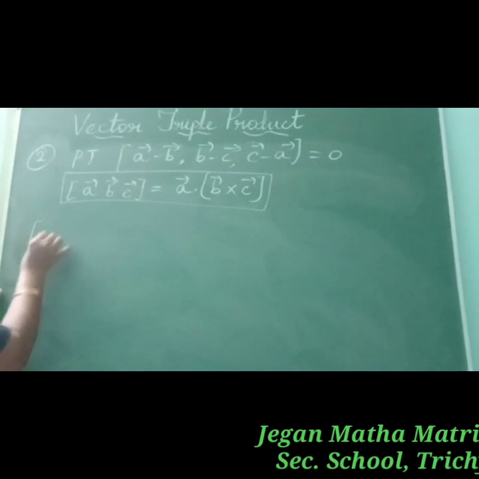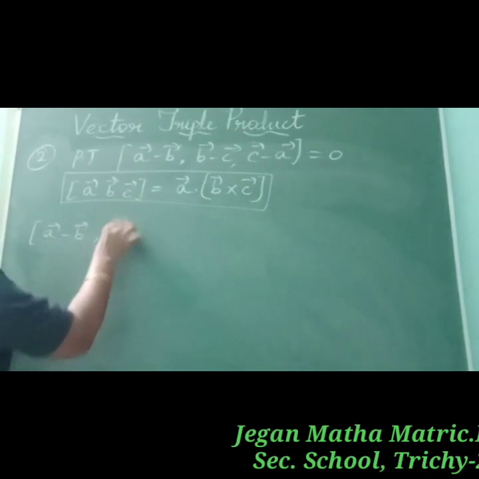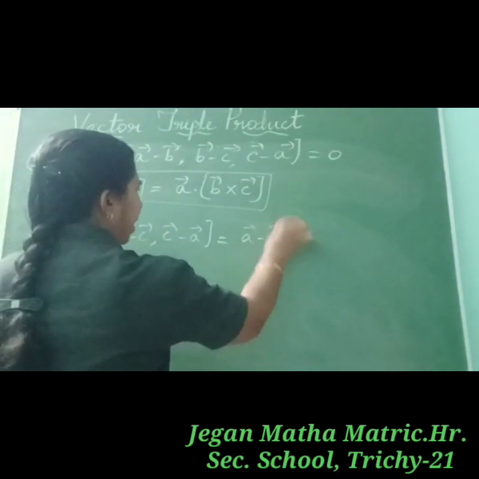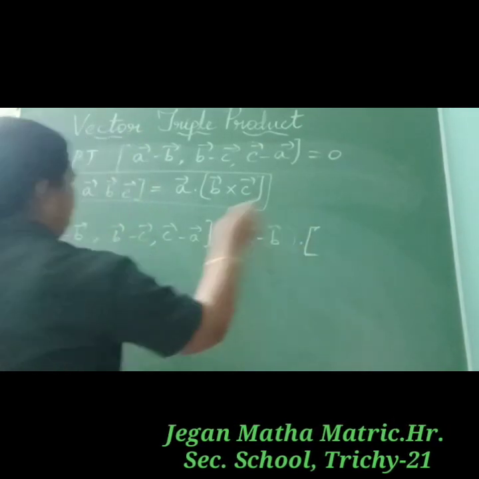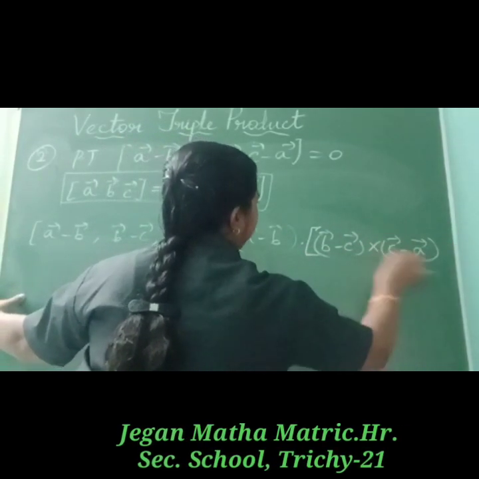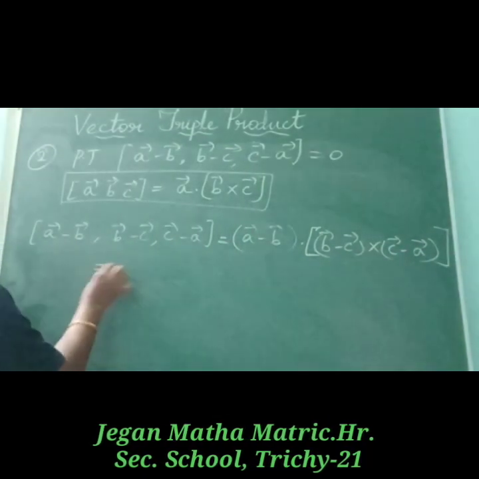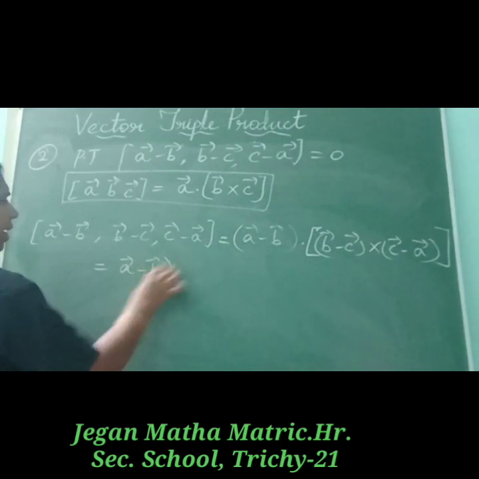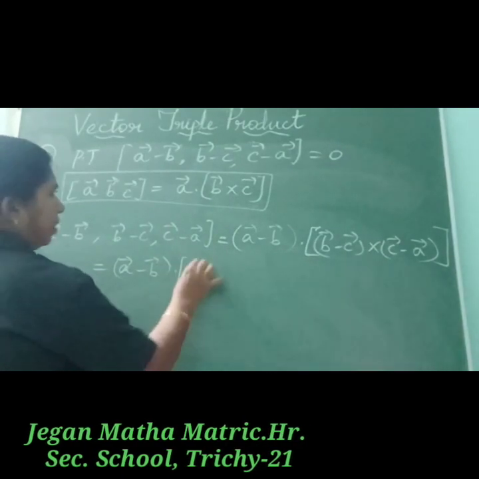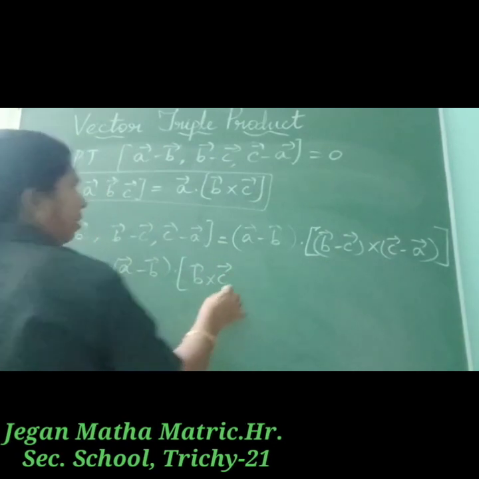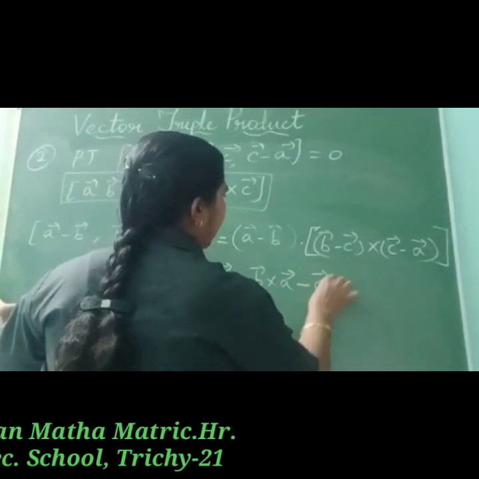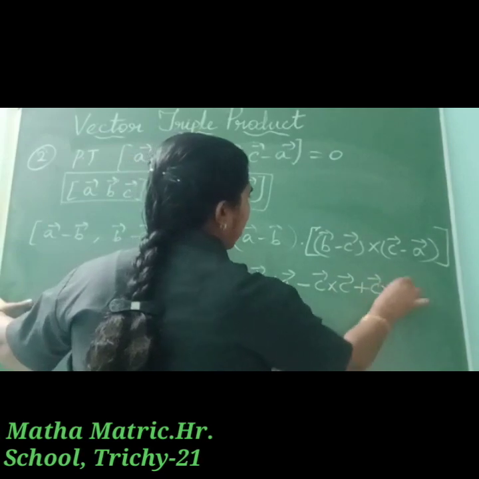We can write the box product of A minus B, B minus C, C minus A as A minus B dot B minus C vector cross C minus A vector, which is equal to A minus B dot, first expanding this, B cross C minus B cross A minus C cross C plus C cross A vector.